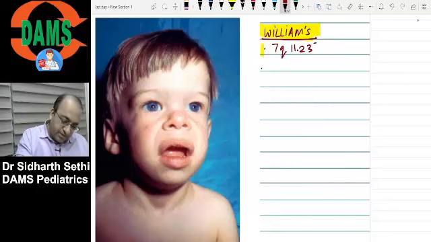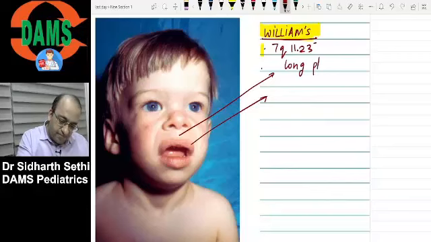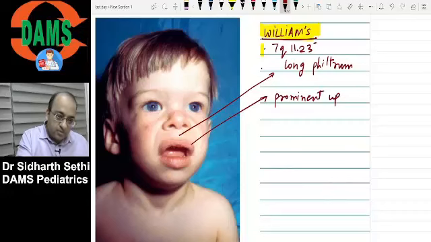So this is what you can see, a long philtrum, prominent lips, especially the upper lip, prominent upper lip. Then what else? They are very friendly. They look like elves.